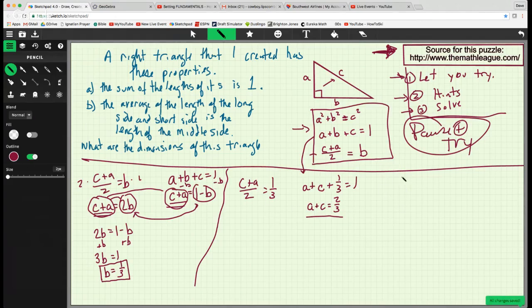We know that's true. And we know that A squared plus 1/3 squared equals C squared. That's from this one, plugging in our B. So here we get A squared minus C squared, or no, let's do it the other way around. C squared, well, how about 1/9, and we're going to subtract A squared from both sides, equals C squared minus A squared.